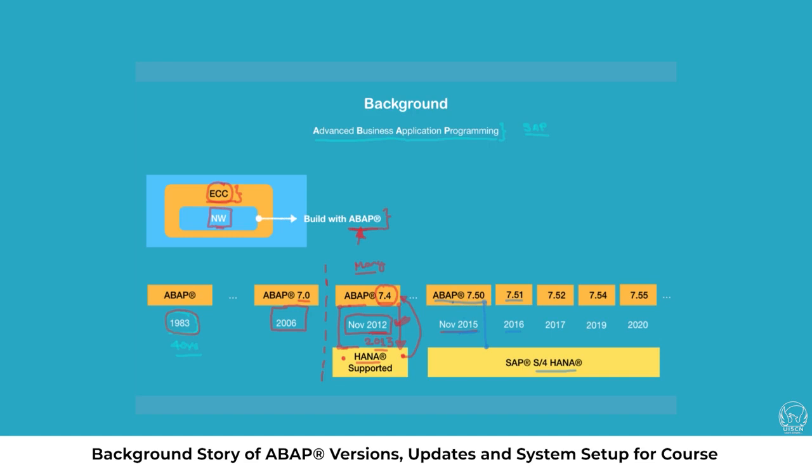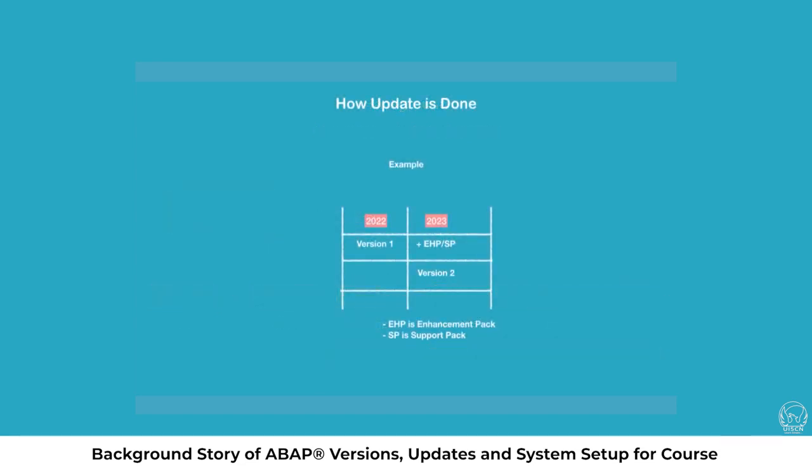Okay, moving forward, I would like to cover one small aspect which you will be seeing a lot, and it is better to address it before we actually start moving forward. Now, this particular part is regarding how the software updates are released to the customer. So, for example, we have a software A, and this software version 1 got released in 2022, and there is a version 2 which got released in 2023.